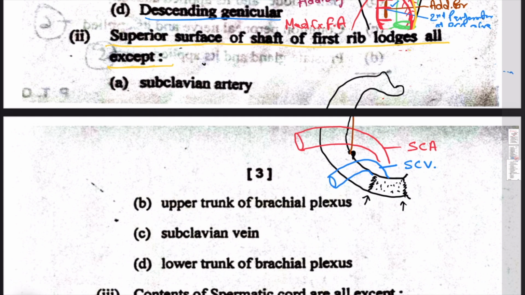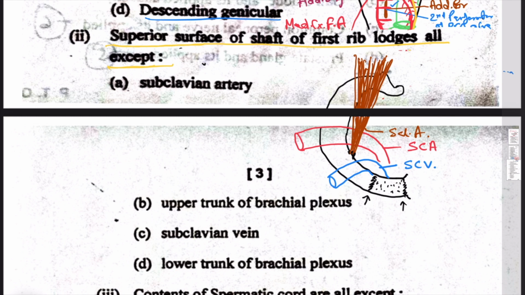This muscle here is coming right from the transverse processes of the cervical vertebrae down below. Which muscle is this? This is scalenus anterior. Okay, so scalenus anterior is descending like this.